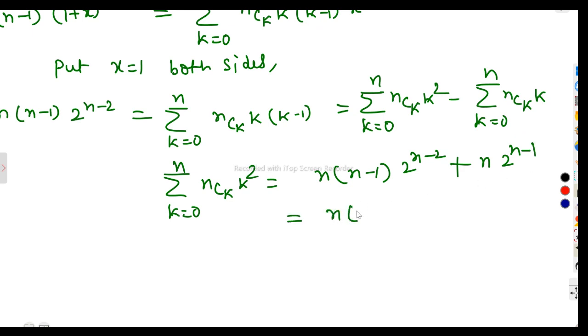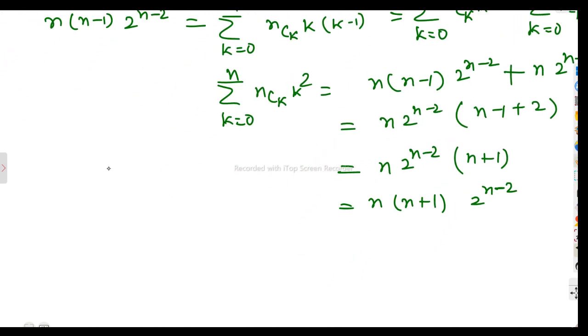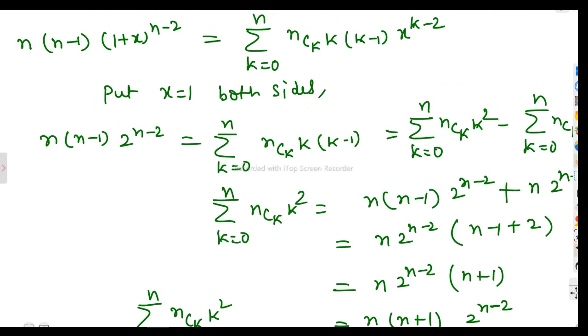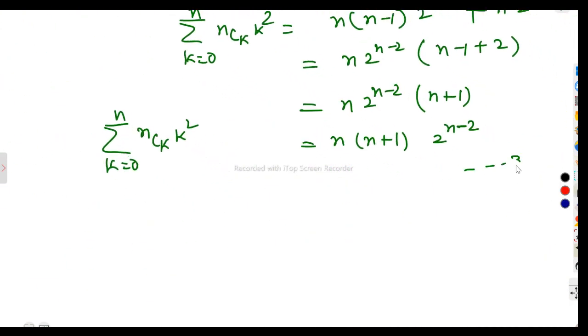Take n into 2 raised to power n minus 2 as a common factor, and this is n minus 1 plus 2, which equals n into 2 raised to power n minus 2 into n plus 1. So this is equal to n into n plus 1 into 2 raised to power n minus 2. Thus we have obtained the value of the summation of nCk k square, and we take this as equation number 3.